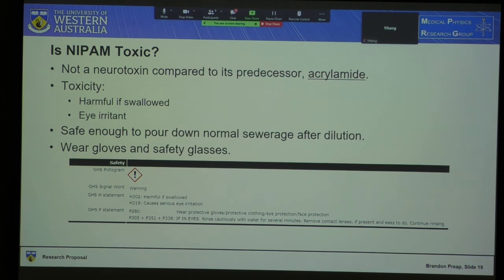You do your normal chemical precautions: don't eat it and don't rub your eyes with it. But other than that, when I looked up the material safety data sheets, the MSDS, you can pour it down the sink or put it in the trash and it's completely safe.